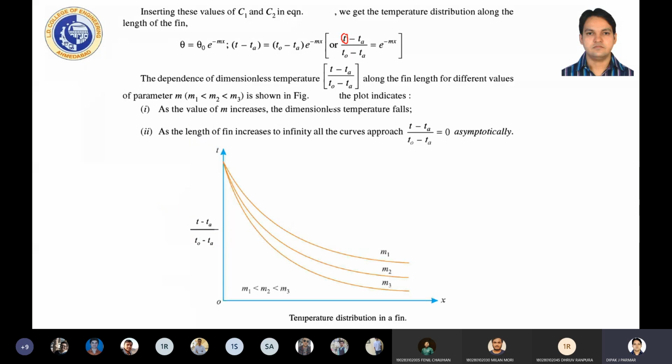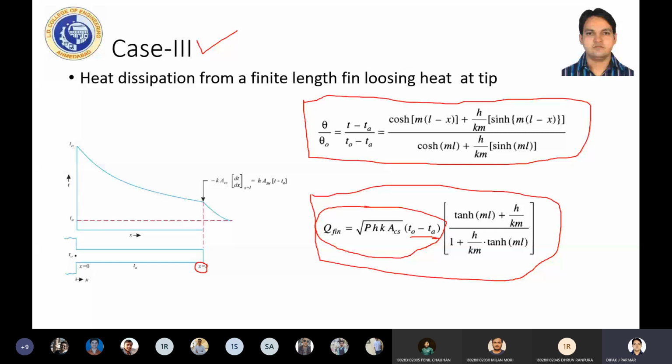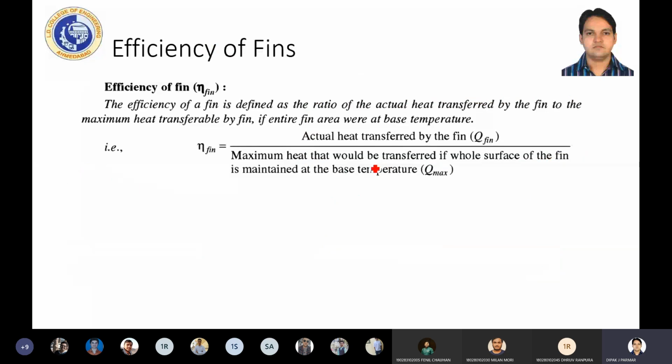So in the actual case where we take the heat transfer, the temperature will not be uniform throughout the fin, and that is why the ratio says the actual heat transfer by the fin divided by the maximum heat that would be transferred if the whole surface of the fin is maintained at the base temperature. So if your whole fin is at the base temperature, the heat transfer rate will be a maximum, and if you take this ratio, it will give you the fin efficiency.